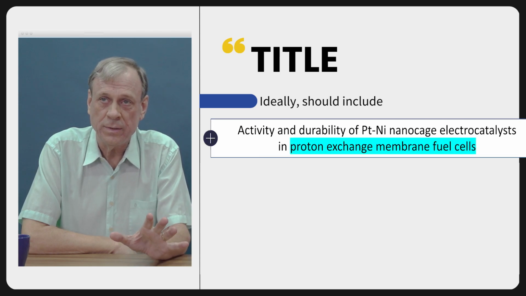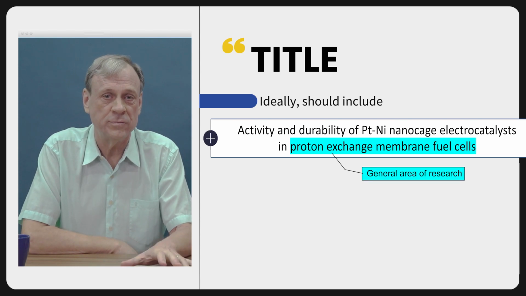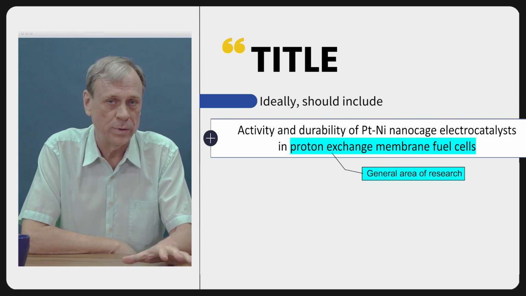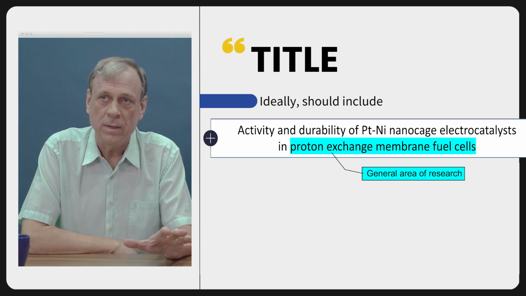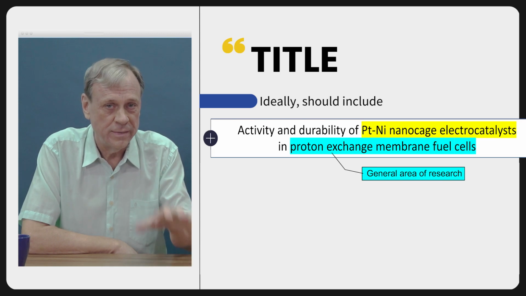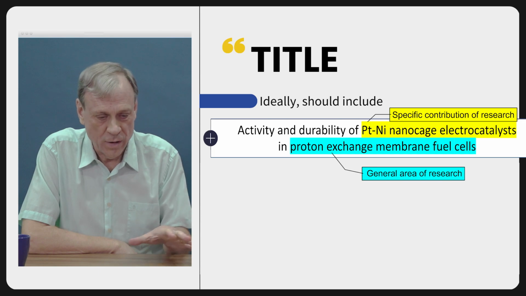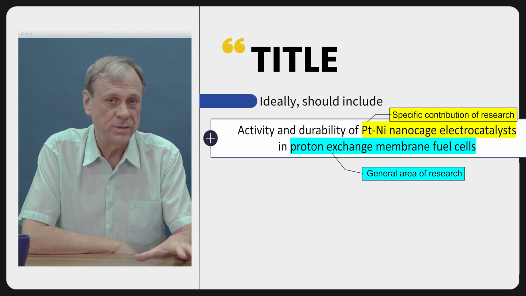Okay, so the proton exchange membrane fuel cells, that's the general area of research. There are a lot of people working on these fuel cells. But this platinum nickel nanocage electrocatalyst, that's the specific topic of this research. And preferably, this specific topic should be at the beginning because that's what's going to catch people's attention.